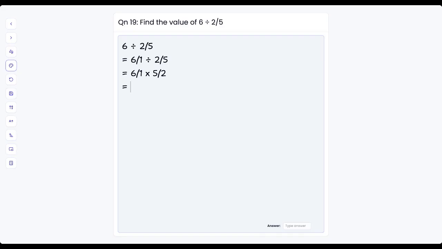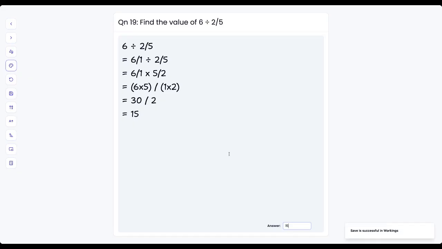So that will be equal to 6 times 5 over 1 times 2. I'm just going to put the bracket so it's easier to visualize as well. From here, 6 times 5 is 30, and then we have over 2. And this will become 15. There you go. So that's the answer, 15. All right, let's move on to the next question.